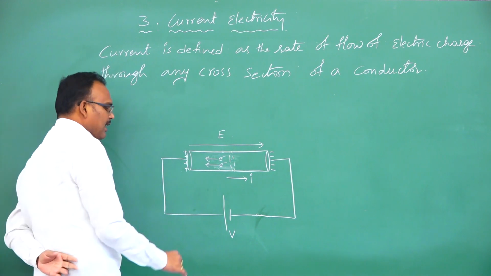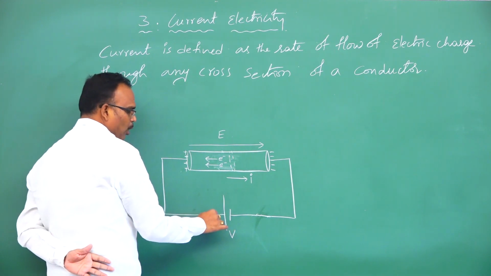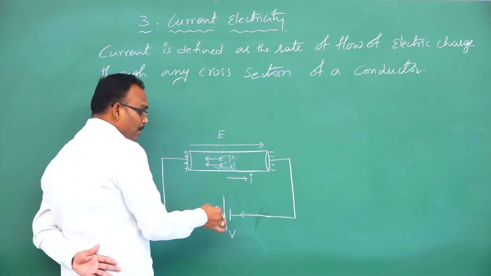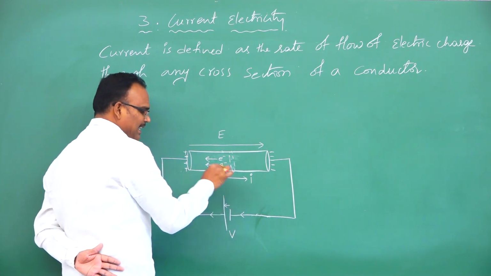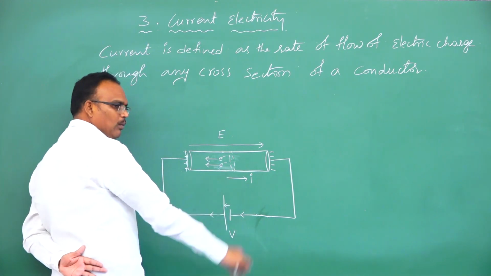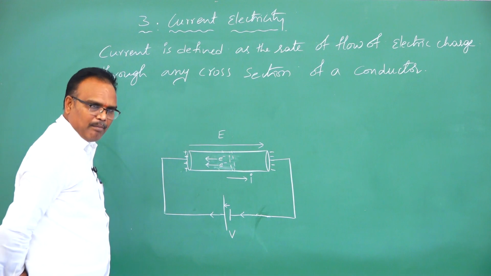Okay, always current direction is from positive terminal to negative terminal. But within the cell, current flows from negative terminal to positive terminal. This we have to remember.